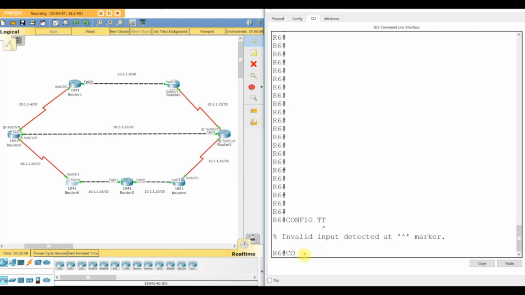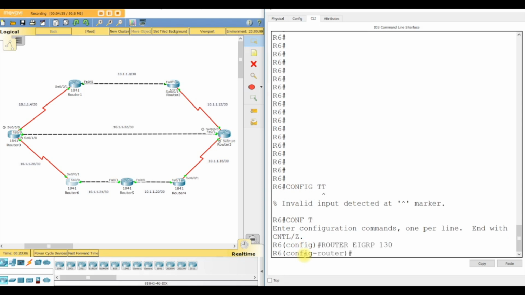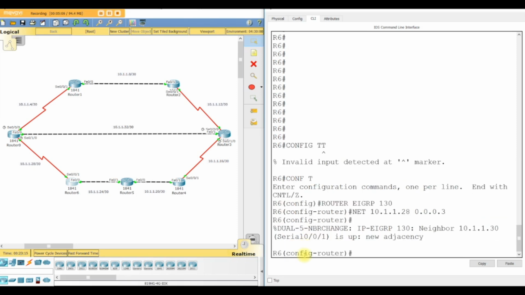Let's go to router 6, conf t. All right, there we go. Router EIGRP 130, single autonomous system. Network 10.1.1.28 0.0.0.3, which I'll probably get an update because I already have that one done on top. I'm just going to up arrow and put the 24 there.